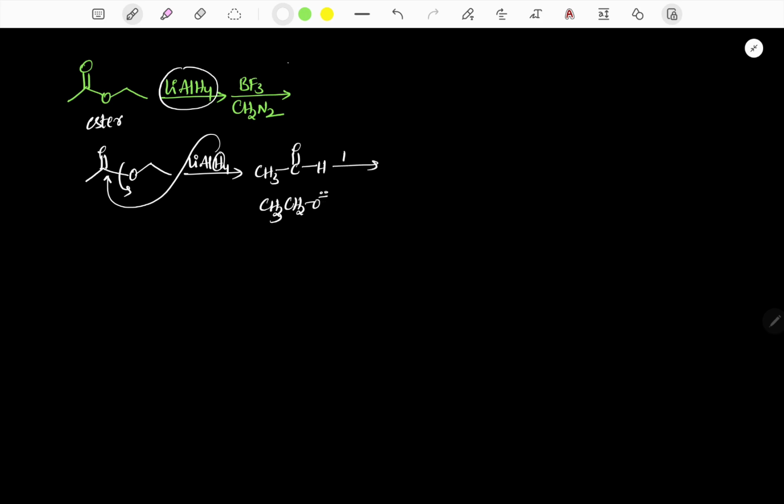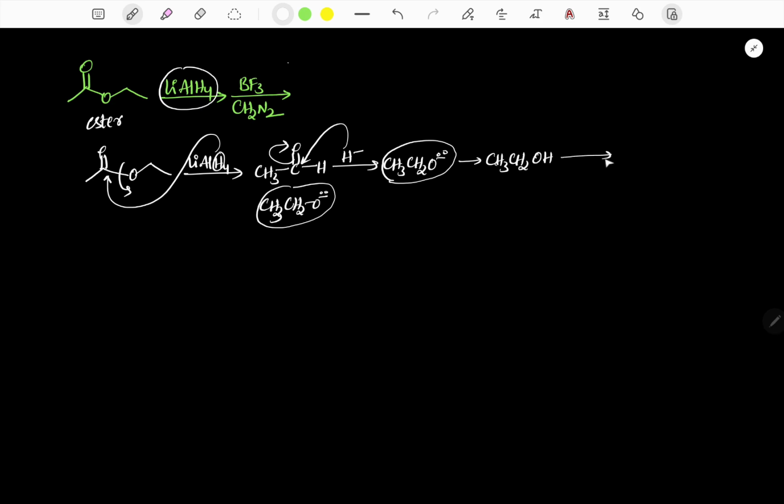Again it reacts with another H minus because it is an aldehyde. The H minus reacts, the pi bond shifts, and the corresponding product is CH3CH2O minus. So here we have 1 mole of CH3CH2O minus and another mole of CH3CH2O minus. Now if I consider acidification, granted, I will get the corresponding alcohol.